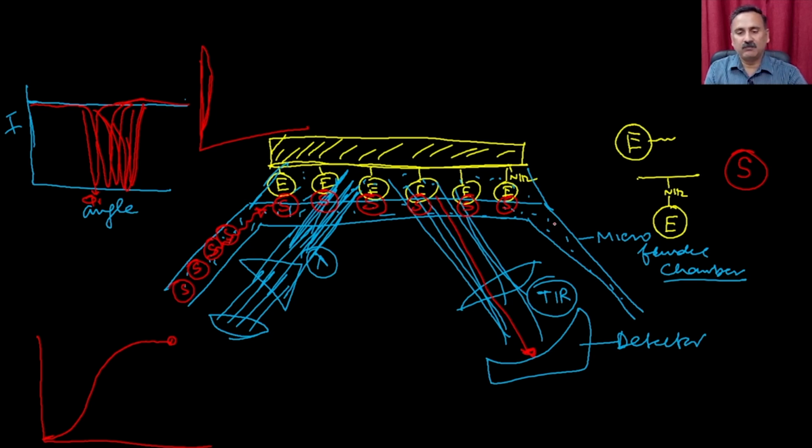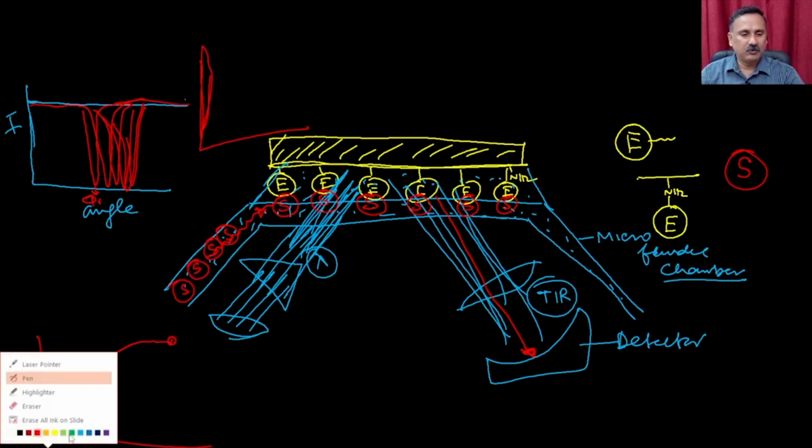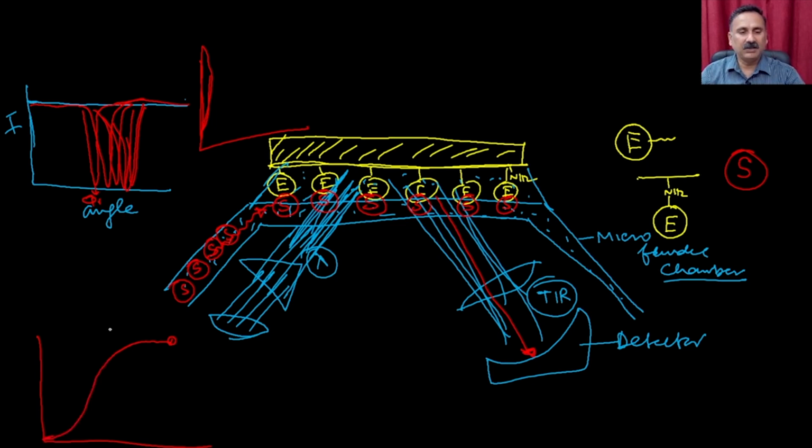When you flow only the buffer, the dissociation will happen, because the enzyme interacts with the substrate and forms the enzyme substrate complex. It will keep making the enzyme substrate complex as long as you are supplying the substrate. When you don't supply the substrate, it is going to have the backward reactions, the breakdown of this enzyme substrate complex.